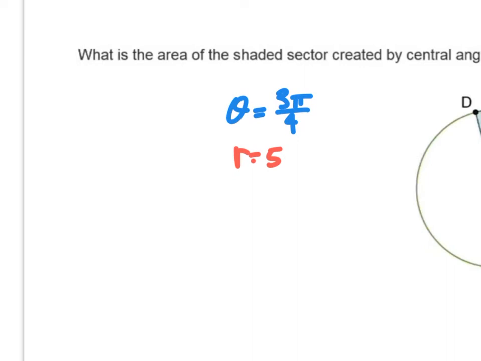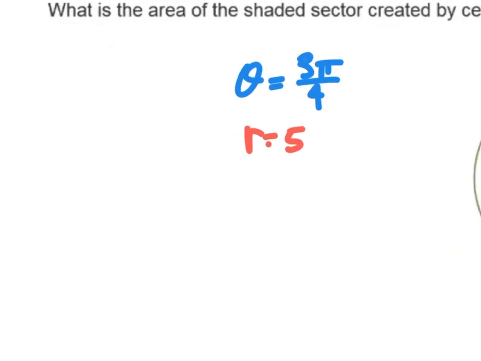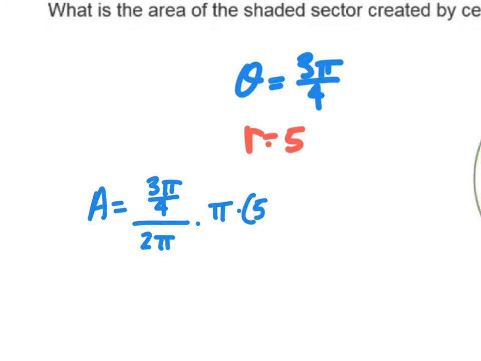Now my area of my sector is equal to theta, which is 3 pi over 4, and that's all being divided by 2 pi. Then we're going to multiply that by pi times our radius, which is 5 squared. This is a little tricky because we're dealing with fractions within fractions, so here's a quick review, because you will encounter this.